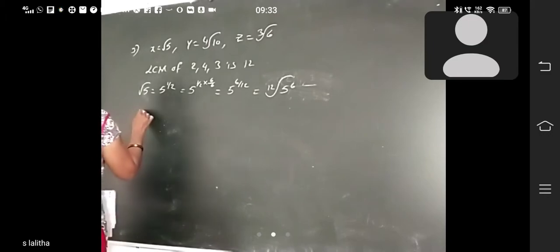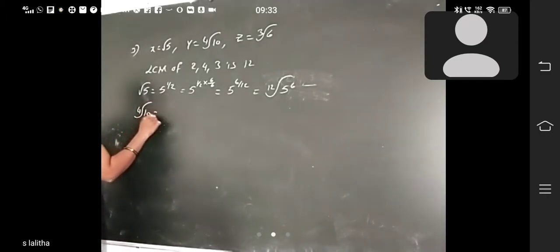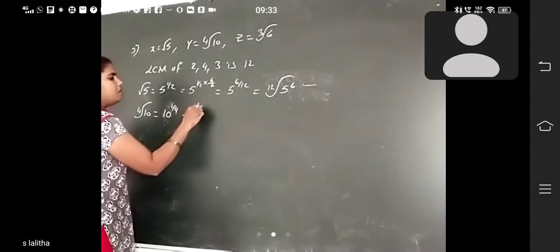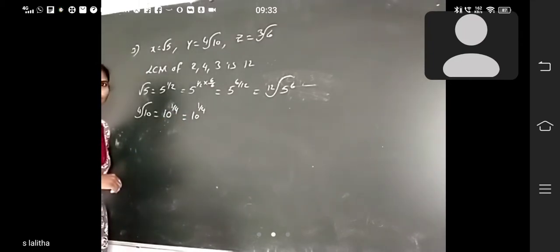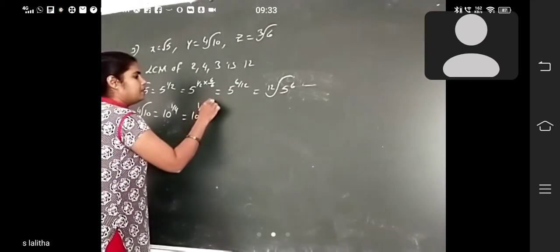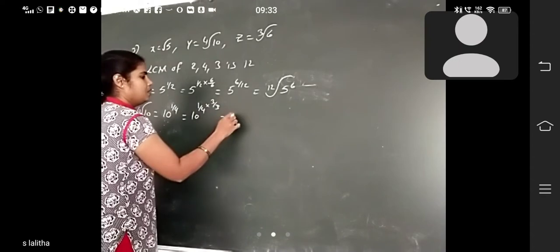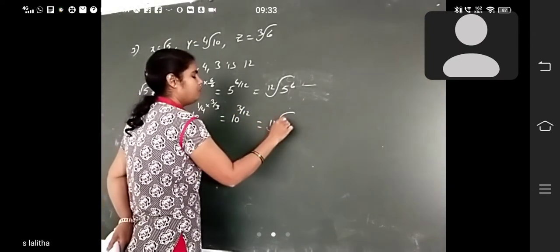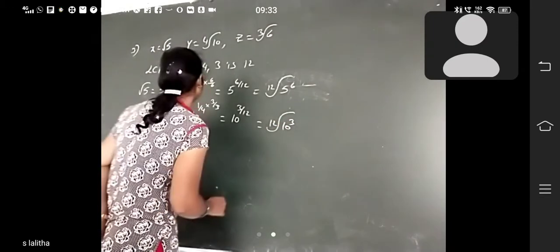Next, 4th root of 10 is 10 power 1 by 4. Here the denominator is 4. How many times 12? 3 times. So 10 power 3 by 12, which is 12th root of 10 power 3.